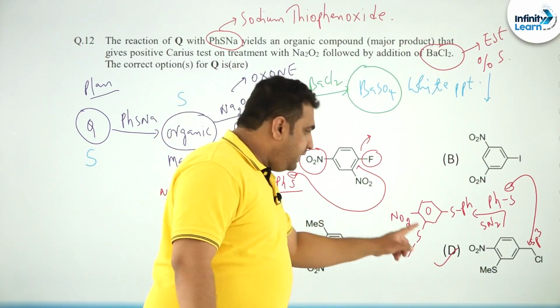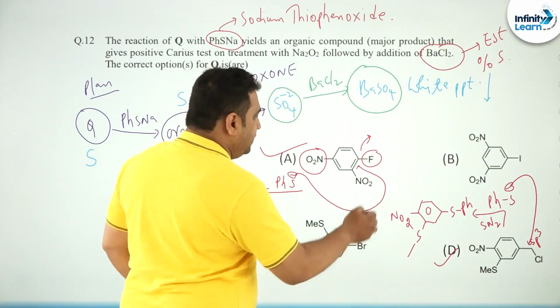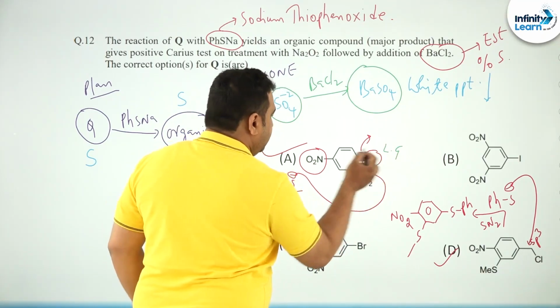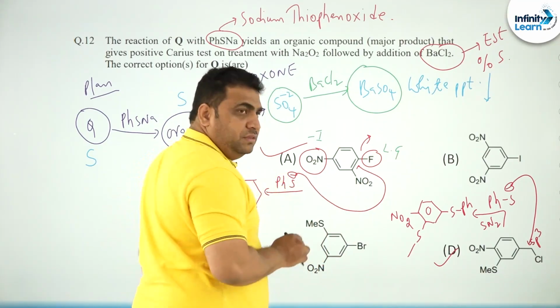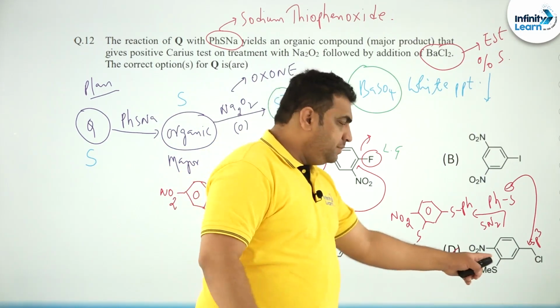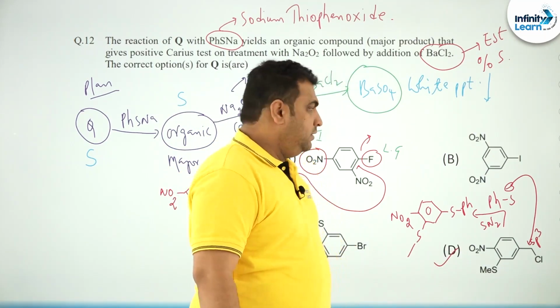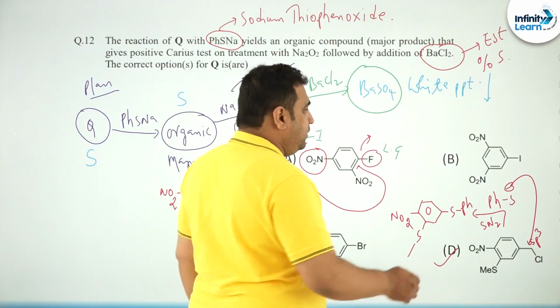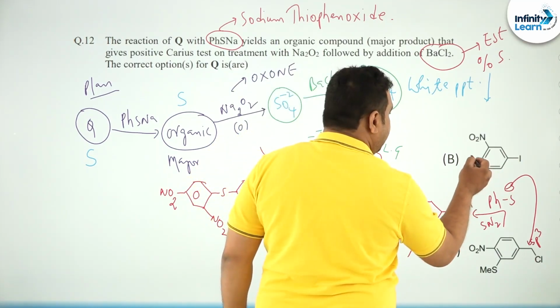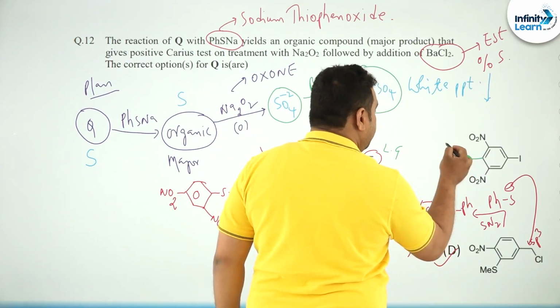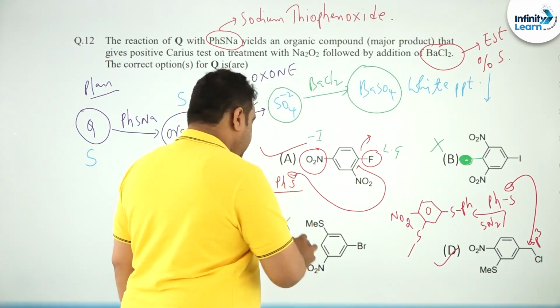Why A and D will react is with respect to the leaving group, LG. Here a minus I group is there. Therefore, this is fast. Same concept here, the reaction is fast. But in the opposite case, the negative group or minus I group is not there. Therefore, B and C will go slow.